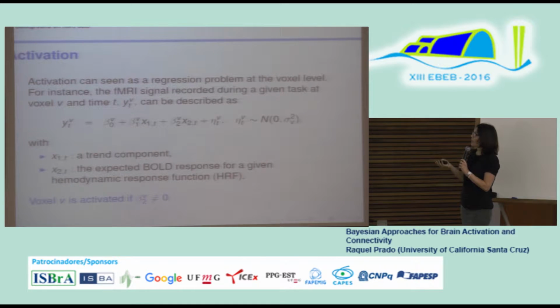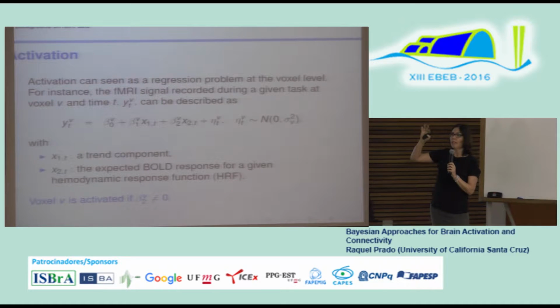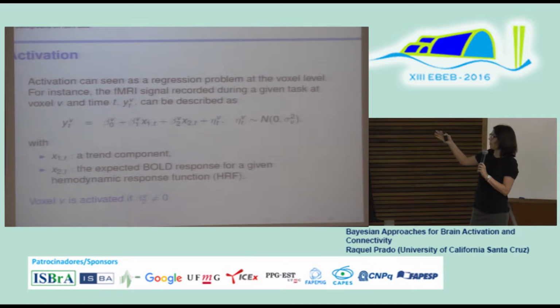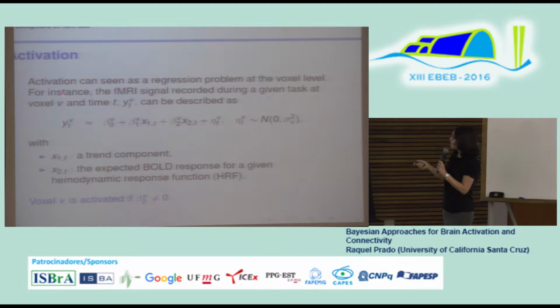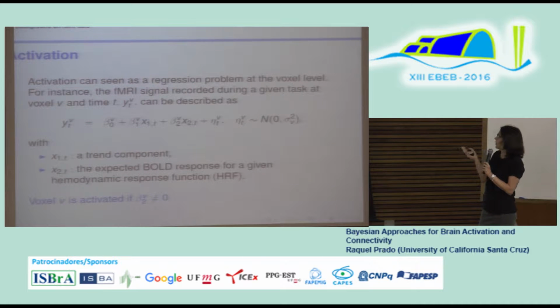Now, in terms of activation, and we will see the two types of analysis in my talk, when you work at the voxel level, it's a very big problem because you have lots of voxels in the image, but you can think of this as a regression problem at the voxel level.